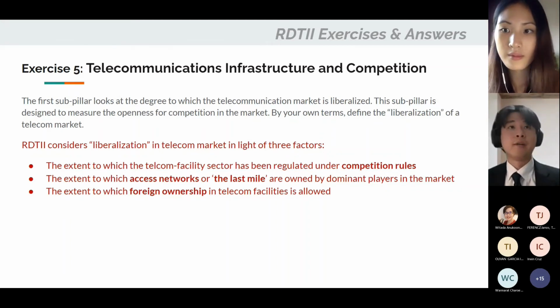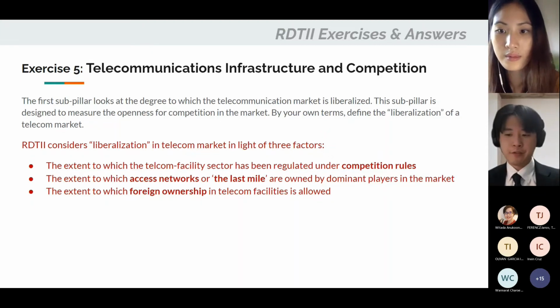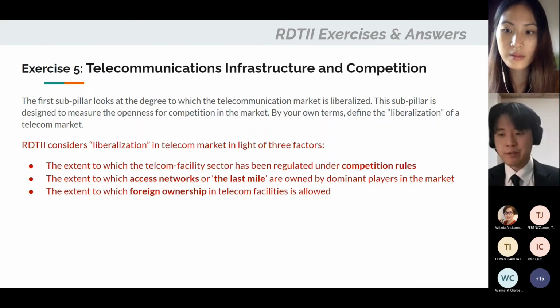Yeah. Sure. So telecommunication infrastructure asks you to define liberalization, because one of the sub-pillars asks whether a telecom market in a given economy has been liberalized. And liberalization is a somewhat amorphous concept, a little gray concept.